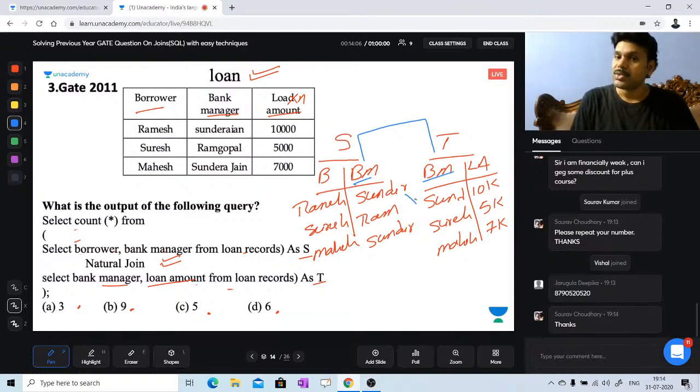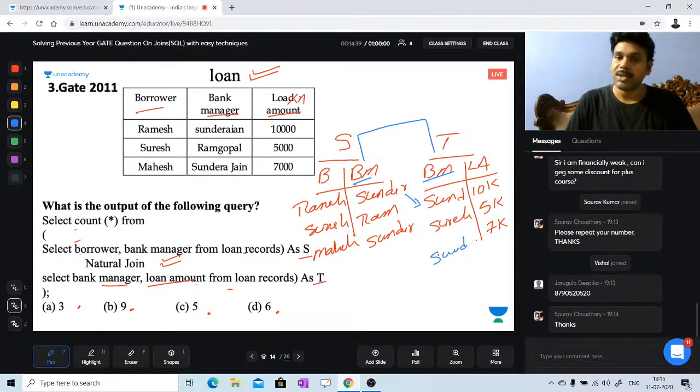Now map it. Sundarajan matches this Sundarajan, and cannot map with Suresh or with Mahesh. Therefore, the first record maps only one time. The second record: this is Sundarajan, not Mahesh, and this is also Sundarajan, so I can map it.